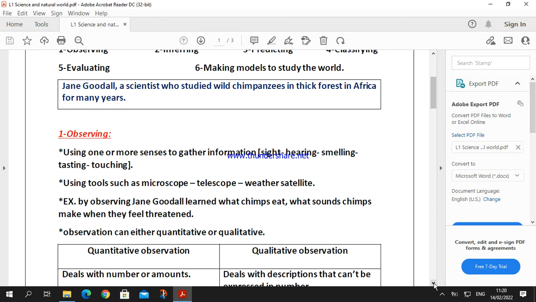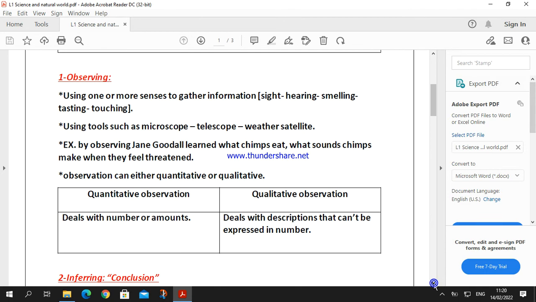The observation is classified into quantitative observation or qualitative observation. What is the difference between them? Observation that deals with numbers or with an amount is known as quantitative observation, but observation that deals with a description that can't be expressed using numbers is known as qualitative observation.